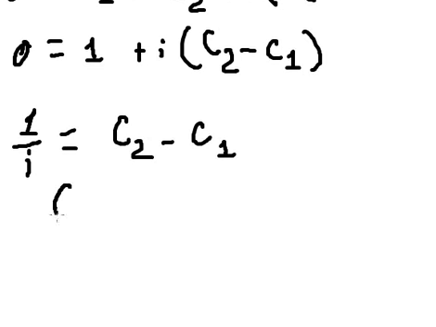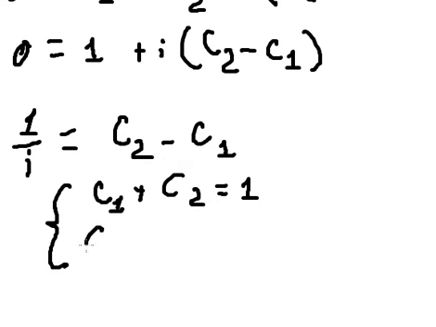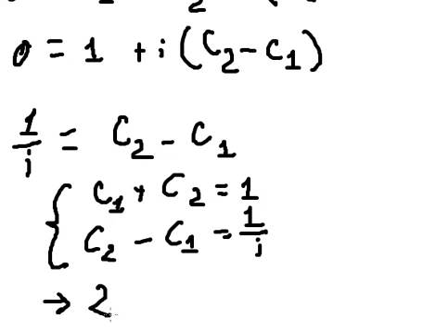And now we have the system of equations. So we sum two equations, and this one we have c2. So c2 equals 1 plus 1 over i.